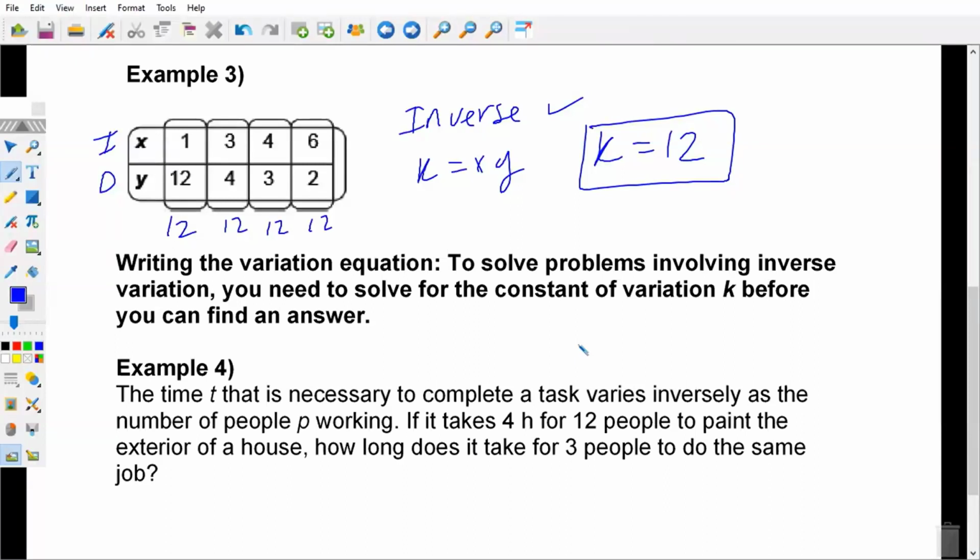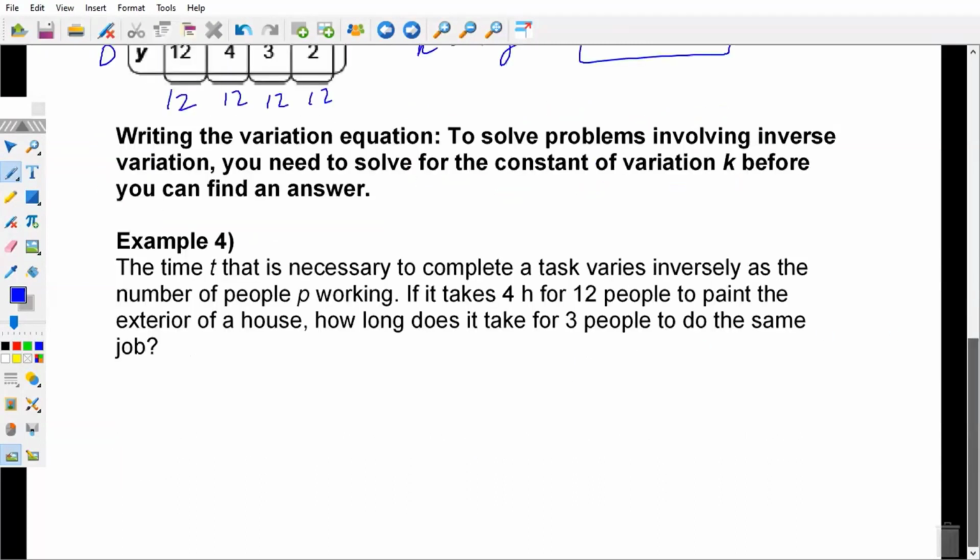Do we only have tables when it comes to math? No, we have word problems, and we tend to mess up when we get to the word problems, right? Don't worry, we got it today. Okay. So when you're writing the variation equation to solve problems involving inverse variation, you need to solve for the constant of variation K before you can find an answer.